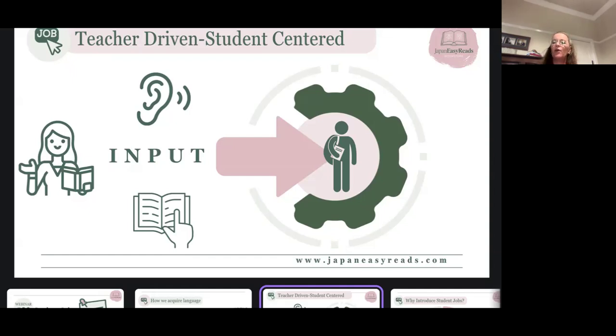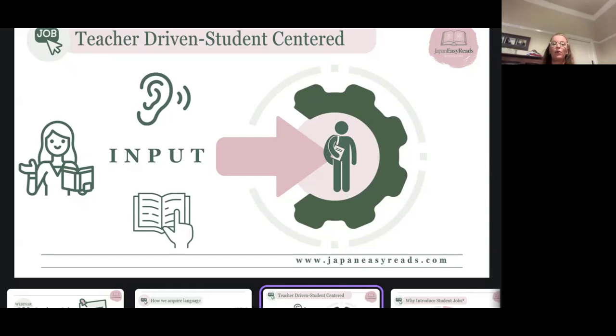So by taking on student roles and responsibilities, they not only contribute to the flow of the classroom, but it also allows them to engage more deeply with the language. So the balance of teacher-driven input and student-centred participation creates a classroom where acquisition flourishes.